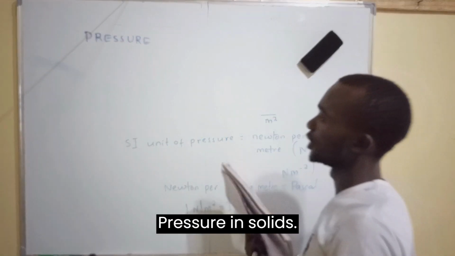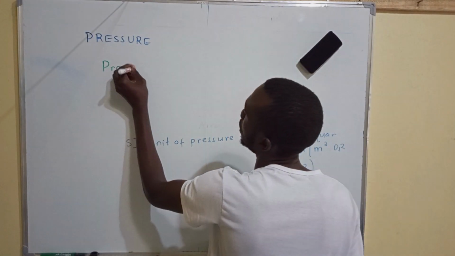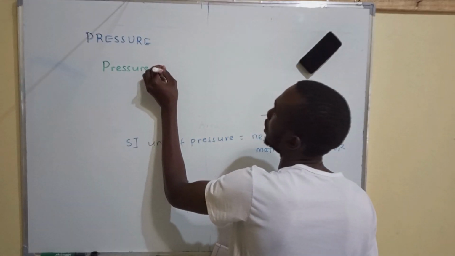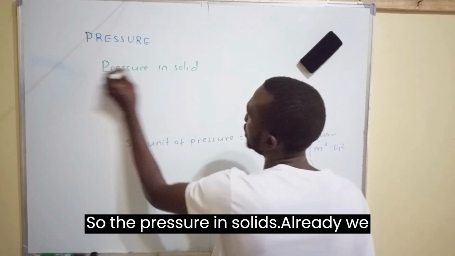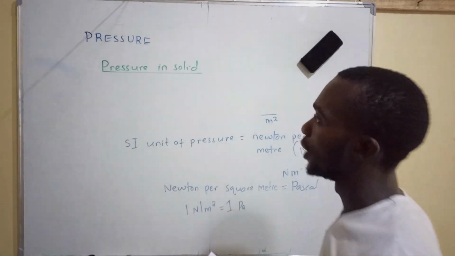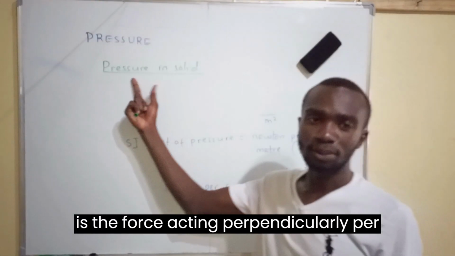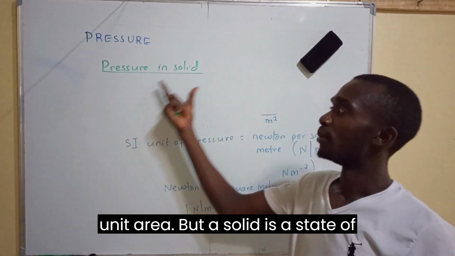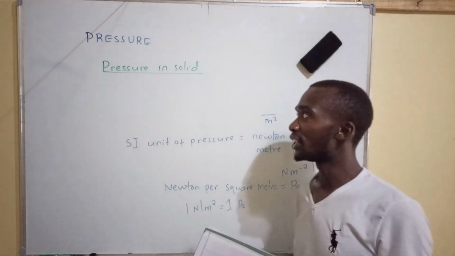Now, let me teach about pressure in solids. We already know that pressure is the force acting perpendicularly per unit area. A solid is a state of matter which has a definite shape.